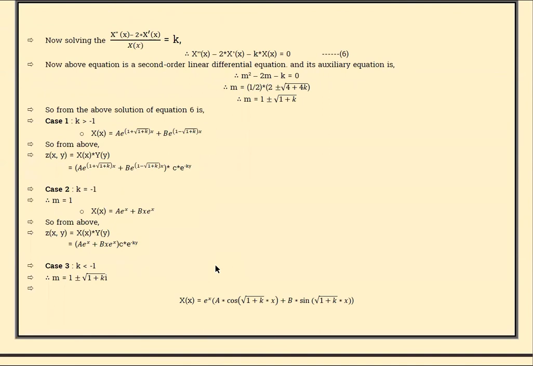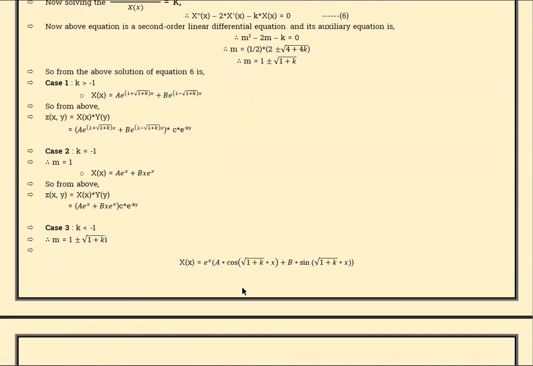Now considering the third scenario, where the value of k is less than minus 1. From here the value of m becomes 1 plus or minus under root of 1 plus k times iota. So the value of x becomes e raised to x into a cos under root of 1 plus k into x plus b sine of under root of 1 plus k into x.